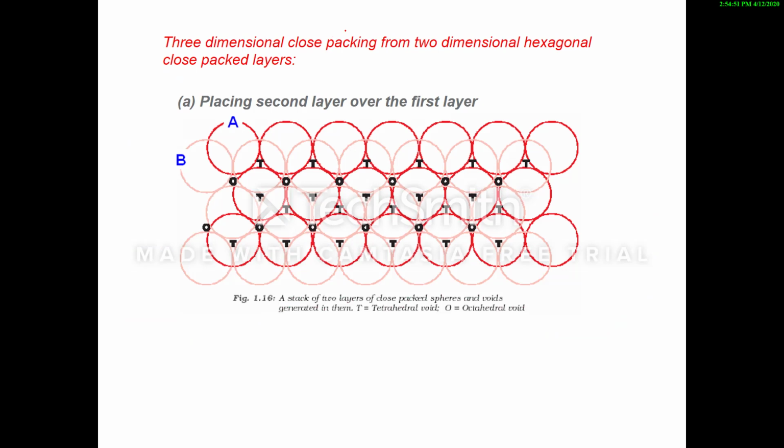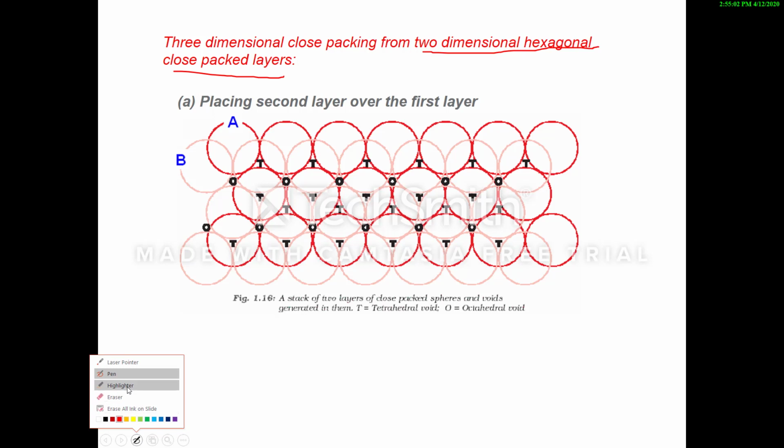Now let's see 3-dimensional closed packing from the 2-dimensional hexagonal closed packed structure. Take the 2-dimensional hexagonal arrangement and one layer, which I am highlighting, the dark red circles.